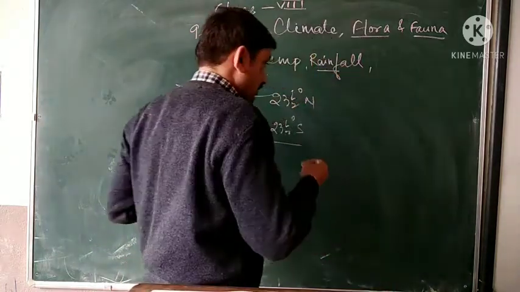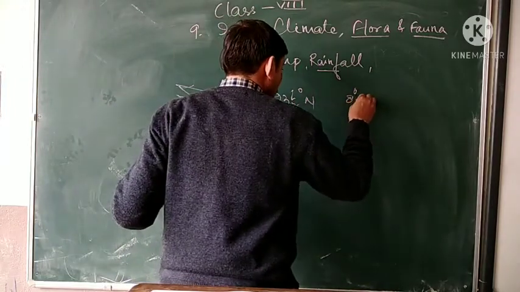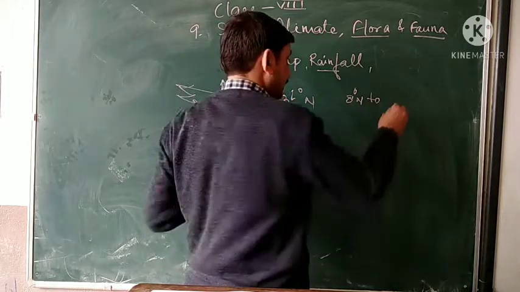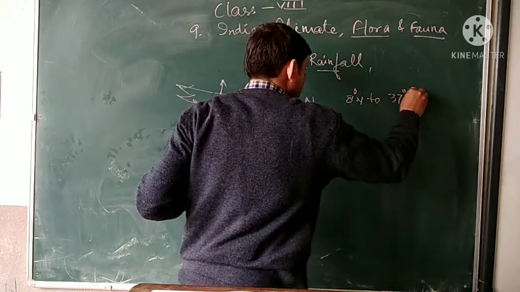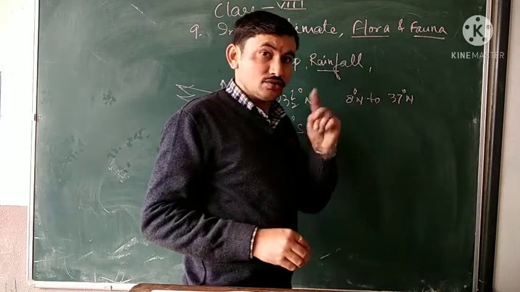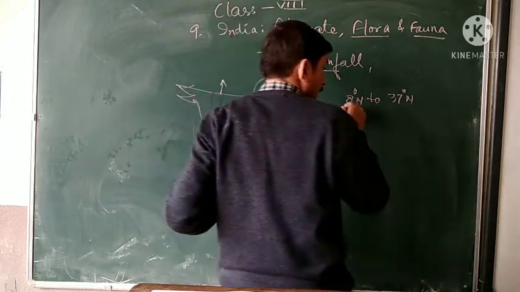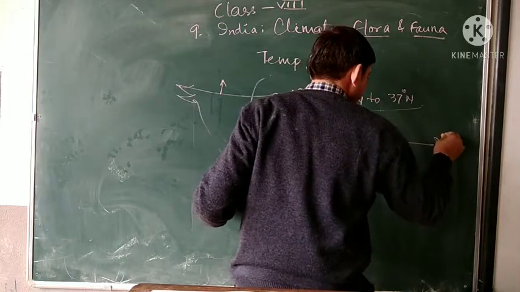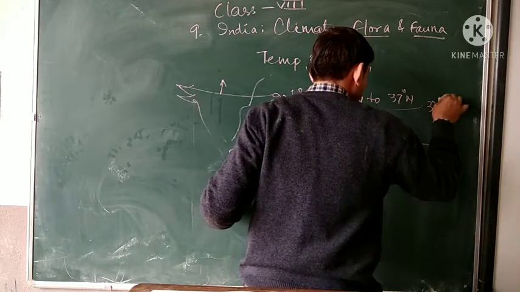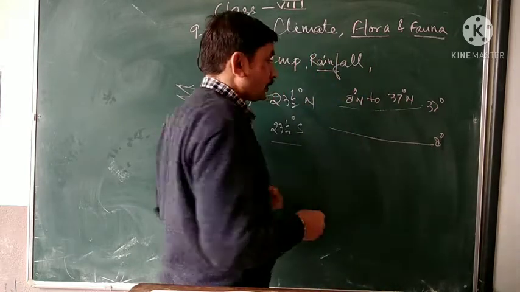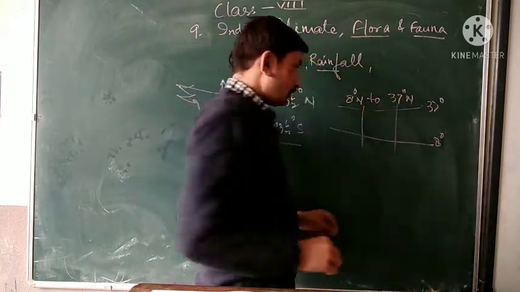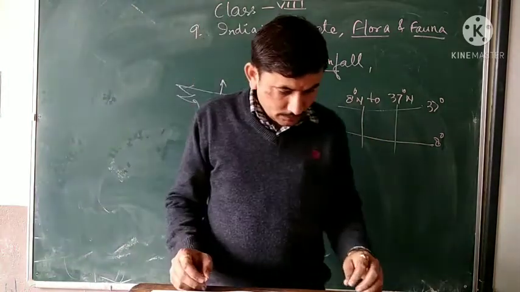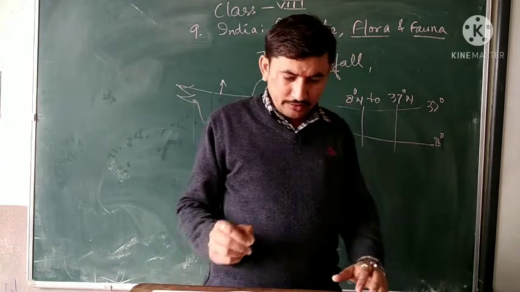In the previous chapters we said 8 degrees north to 37 degrees north. North to north means latitudes: India lies between latitudes 8 degrees north and 37 degrees north. Longitudinally, that is longitudes, we are discussing latitudinally only first.